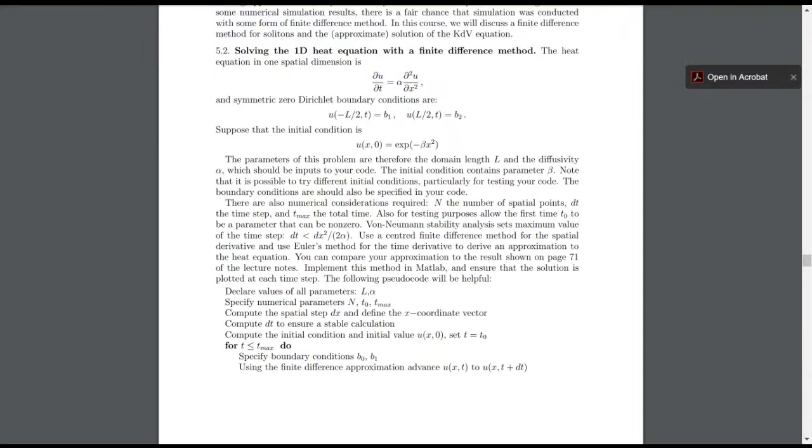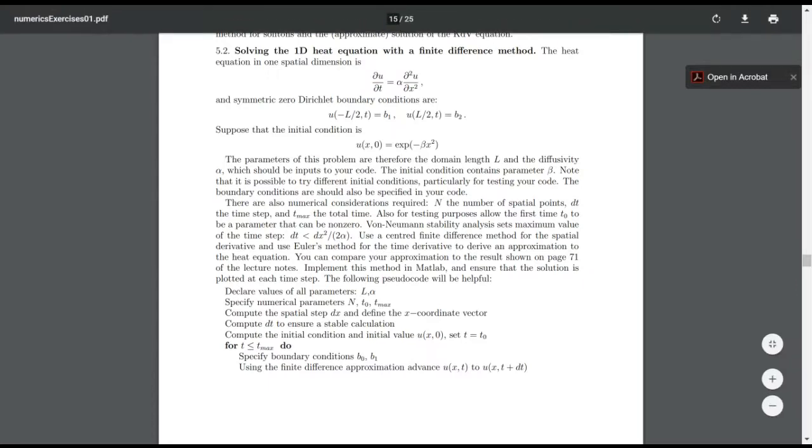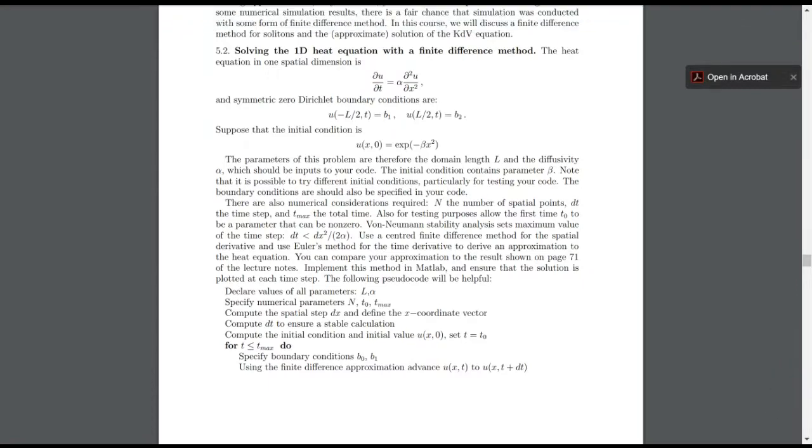We've got 0 boundary conditions, so B1 and B2 are actually 0, because it says symmetric 0 boundary conditions. All right, so I'm going to switch back to OneNote so we can talk about firstly the numerical approximation that we've got to figure out, and the pseudocode.